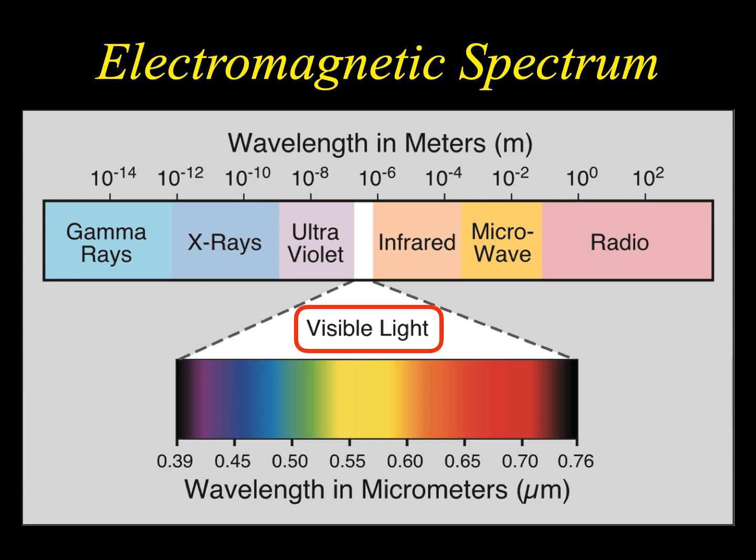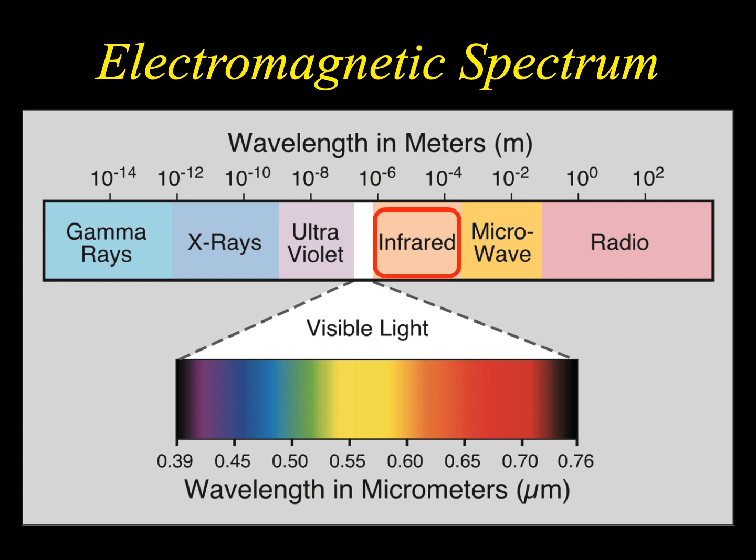Visible light has a wavelength band from 0.4 micrometers to 0.71. In the rainbow below, on the left side is the ultraviolet, and on the right side the next wavelength band, which is called infrared.